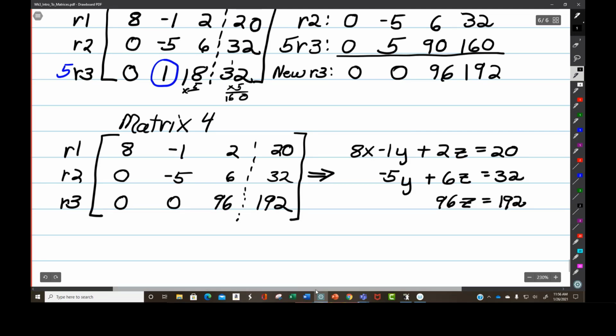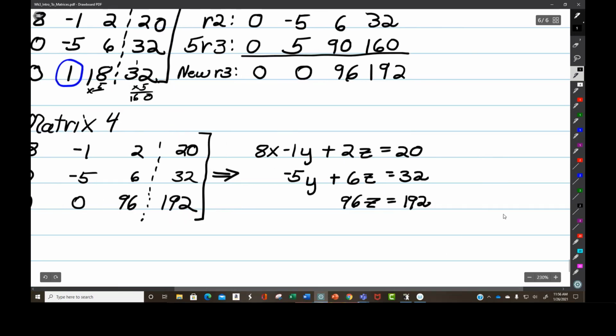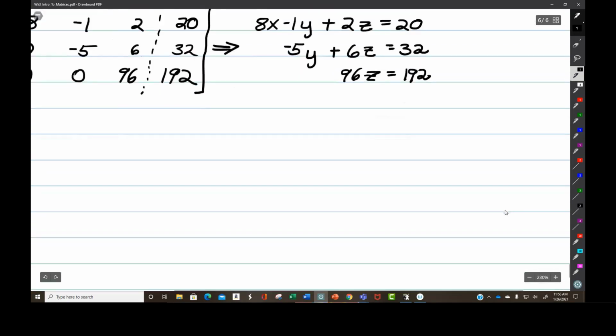Okay, so we have turned our matrix back into the system it really is. And now we're going to start back solving, working with row 3 first, and then row 2, and then row 1. So first thing, 96z equals 192.